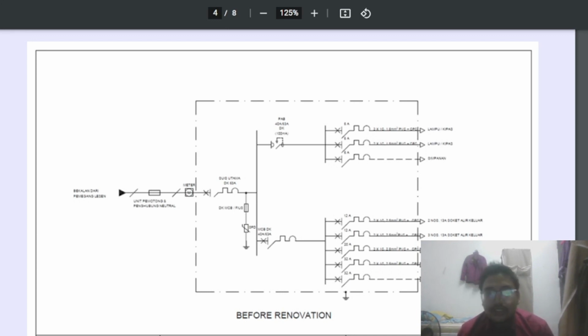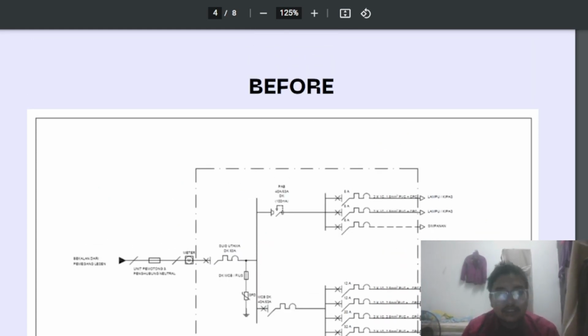Next, we proceed to our final circuit. In our previous, original house, we only used 8 final circuits, 3 for lamp circuits and 5 for power circuits.